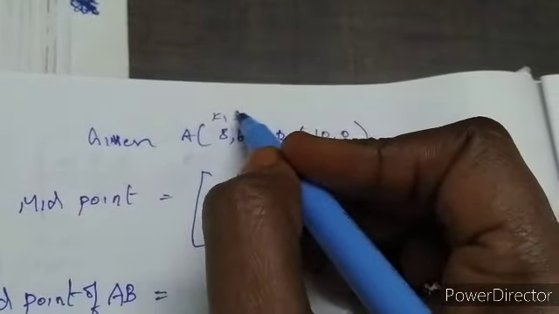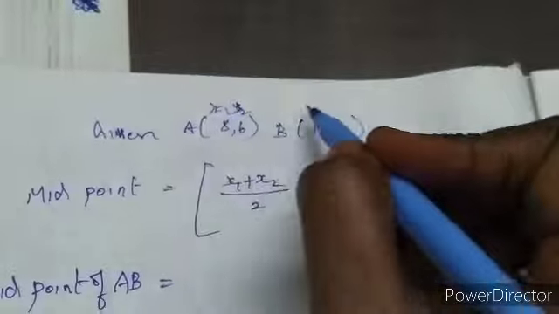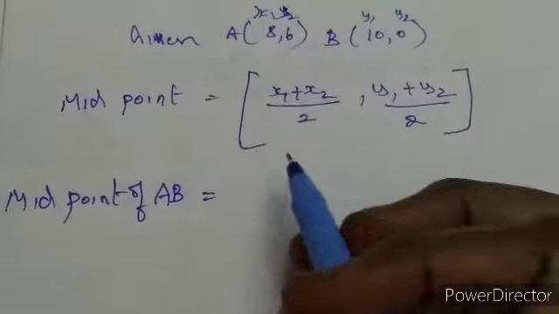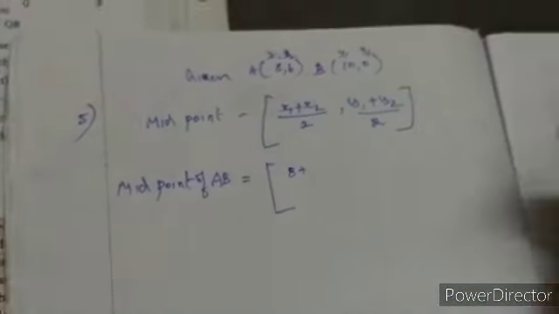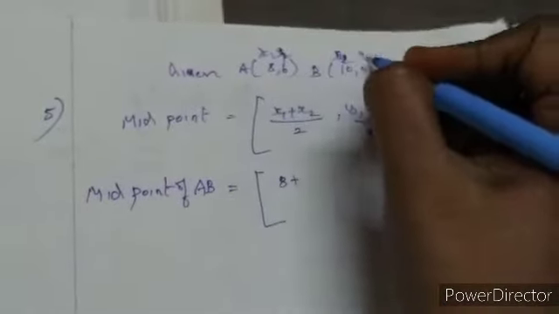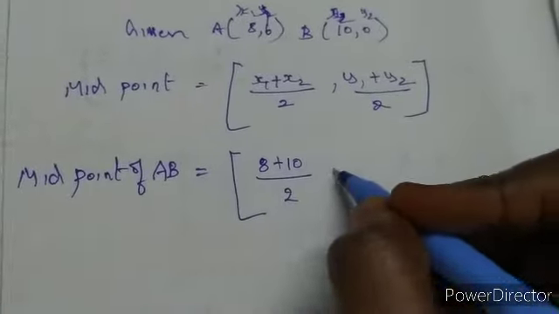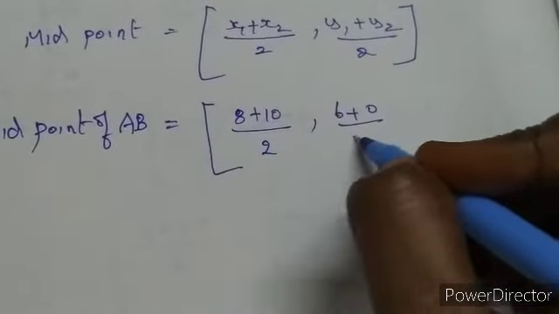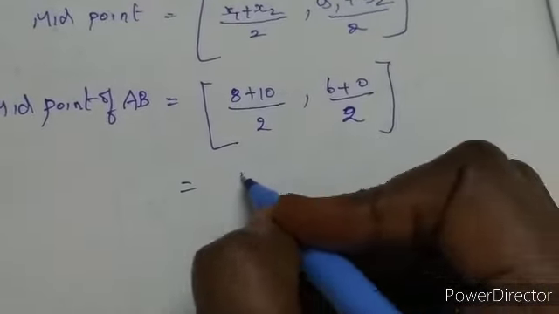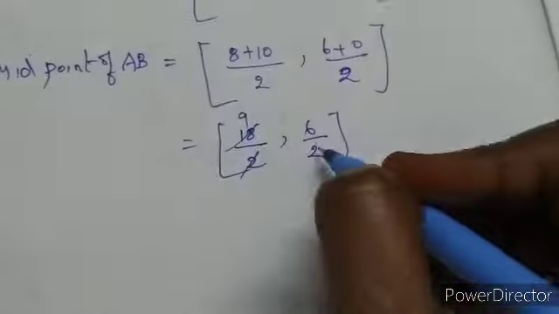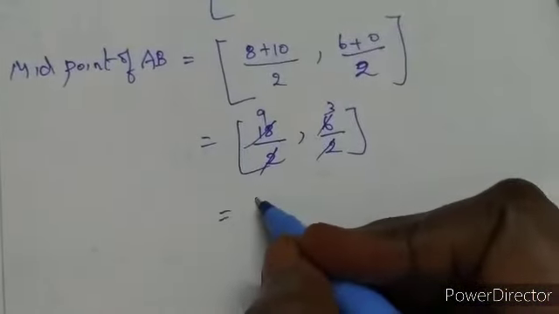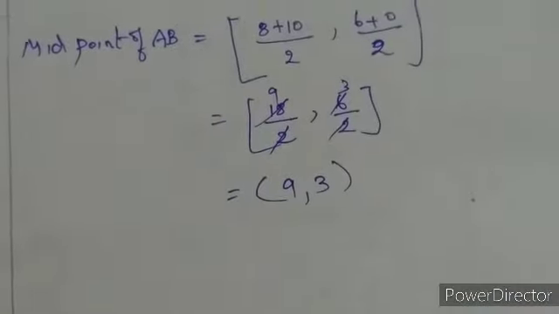So x1, y1, x2, y2. I am going to substitute the given points in the formula. So (8 + 10)/2, (6 + 0)/2, which equals 18/2, 6/2. We can do the cancellation here. Now the midpoint of AB is (9, 3).